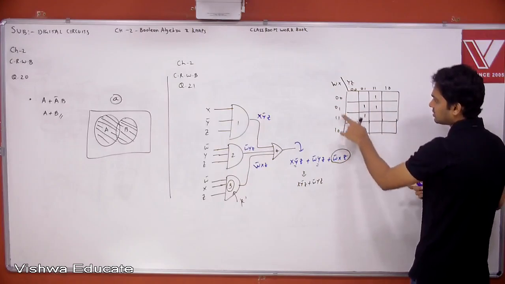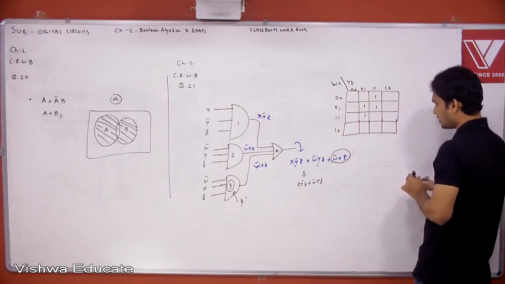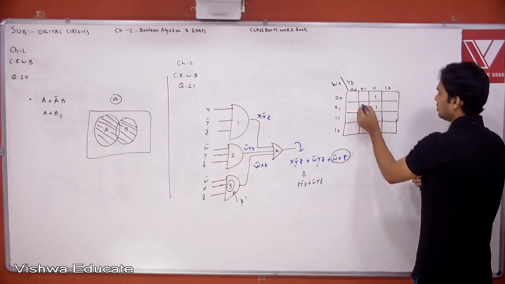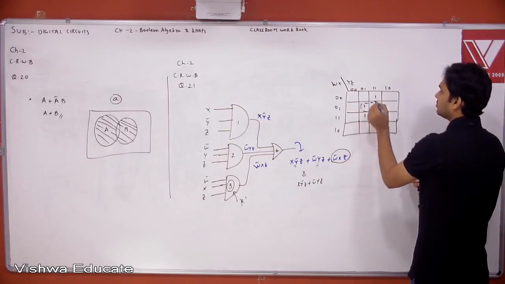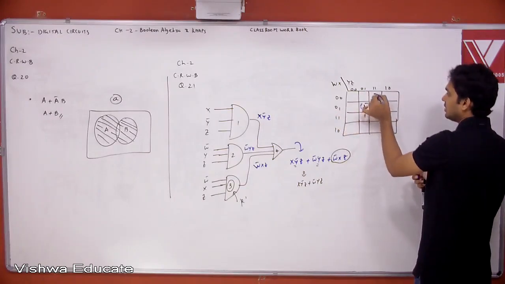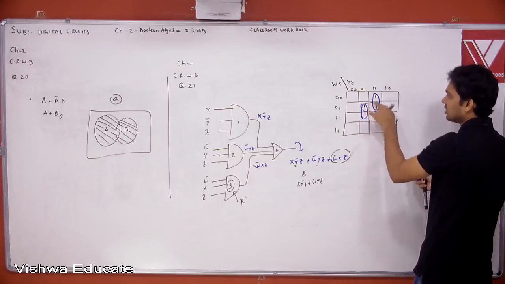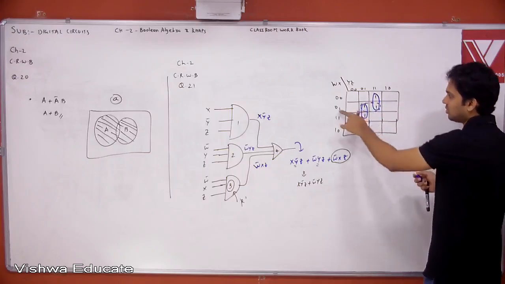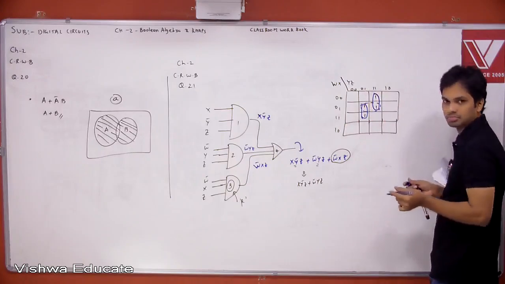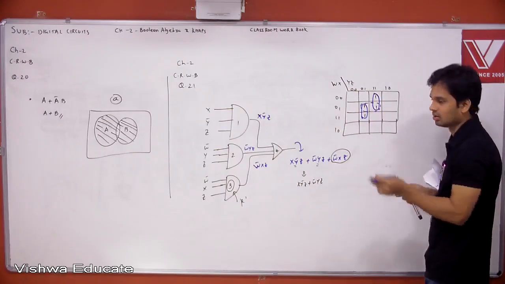W bar, XZ. W bar, X, Z should be 1. Now which one is redundant? This is the redundant term. Because this is a pair, W bar, XZ. Is it clear? This is a pair. This middle one is the redundant, which is W bar X into Z. You can draw the K-map of the expression and find the redundant also. That is also correct. Copy it.